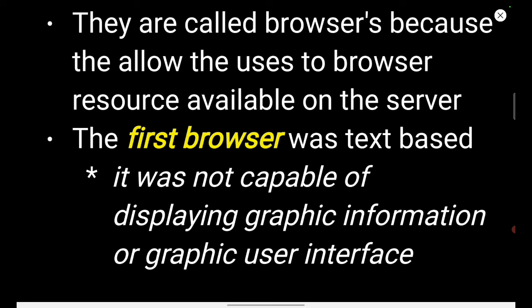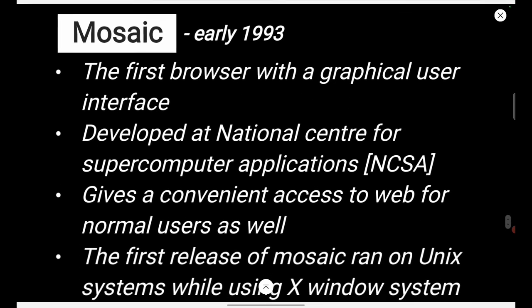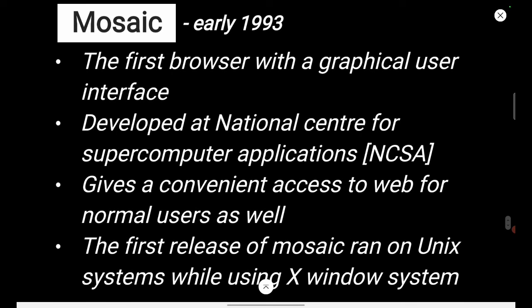The next browser released was called Mosaic. It was released in early 1993. That was the very first browser with a graphical user interface, and it was developed by the National Center for Supercomputing Applications, or NCSA. It gives convenient access to the web for normal users as well.